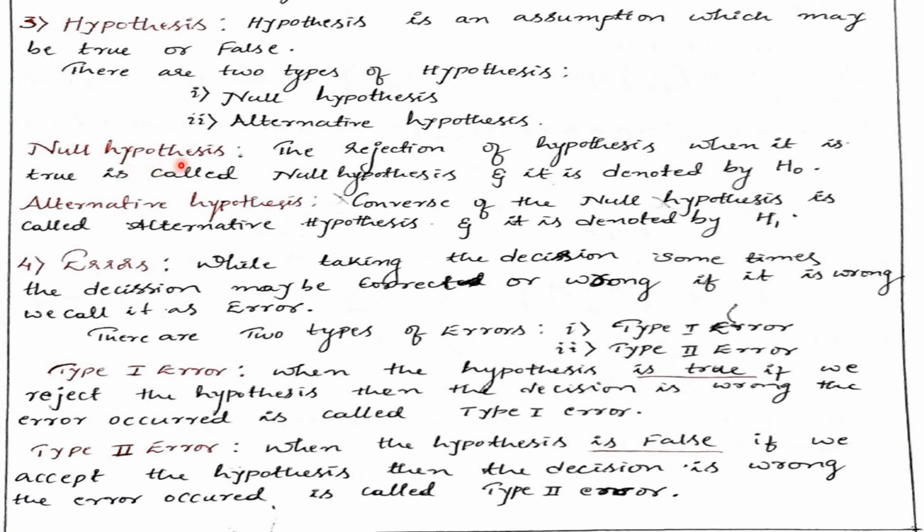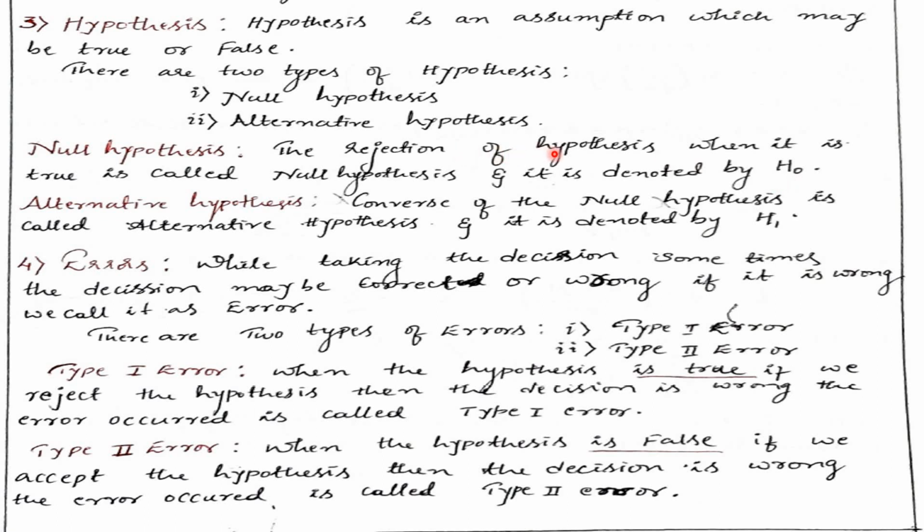The definition of null hypothesis is as follows. The rejection of hypothesis when it is true is called null hypothesis, and it is denoted by H naught.